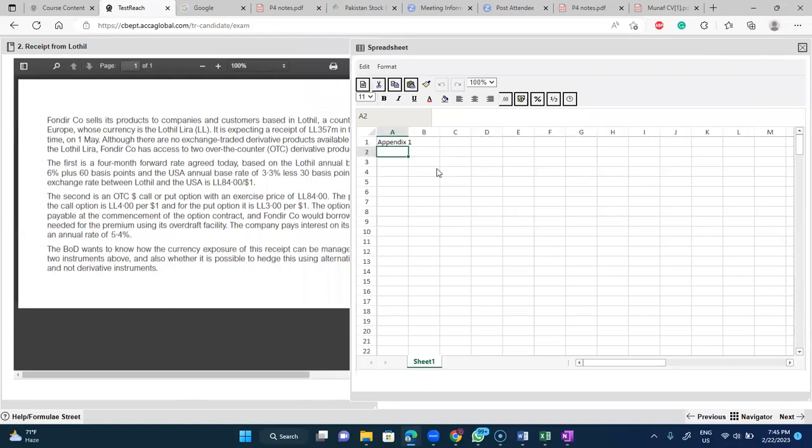Appendix 1, part B1. So first of all, over the counter forward contract.